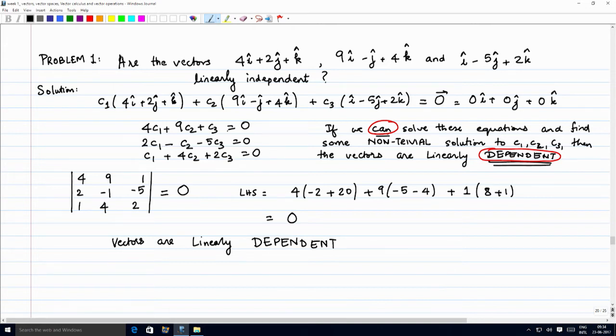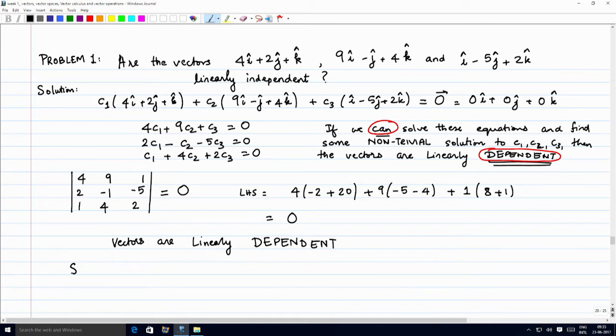So, other than the trivial solution, you will find that one of the coefficients can be chosen arbitrarily. And again these are things that you will see very often when you work out these equations in various areas of chemistry. So, let me emphasize that the vectors are linearly dependent.